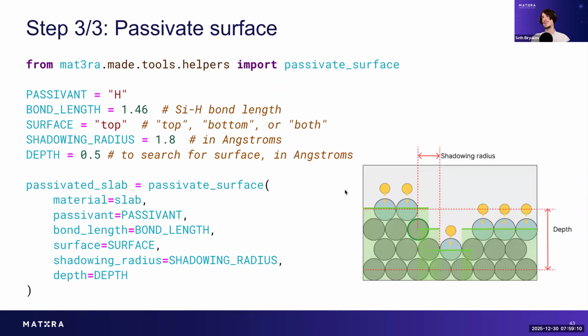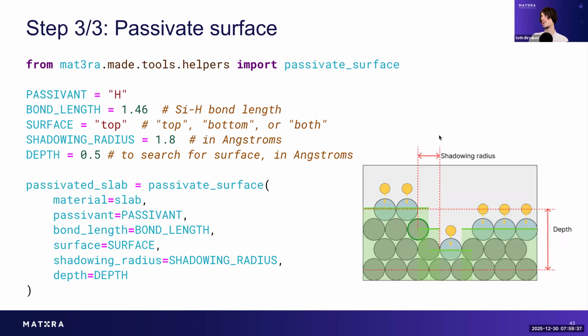Next, we're going to be passivating the surface, and here we're using the function to passivate surface. We specify the passivant as the element, the bond length, which is the bond length from which the atom has been passivated, and then the surface, whether it's top, bottom, or both. Then the shadowing radius in angstroms, and depth to search for the surface.